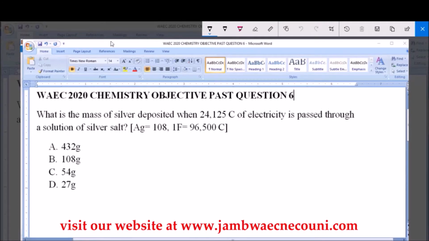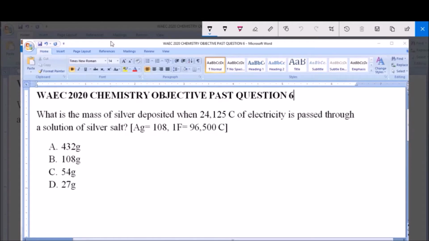So what we are calculating is the mass of silver deposited when you have this electrolytic process, when you have this quantity of electricity passed through a certain solution containing silver salt.